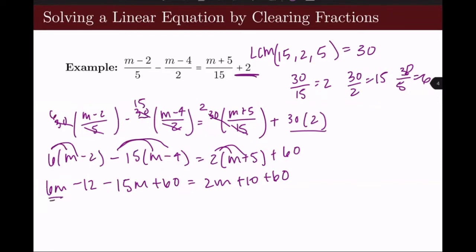So I have 6m minus 15m is negative 9m, and then negative 12 plus 60 is positive 48 equals, and then on this side I just need to add the 10 and the 60. So this is 2m plus 70.